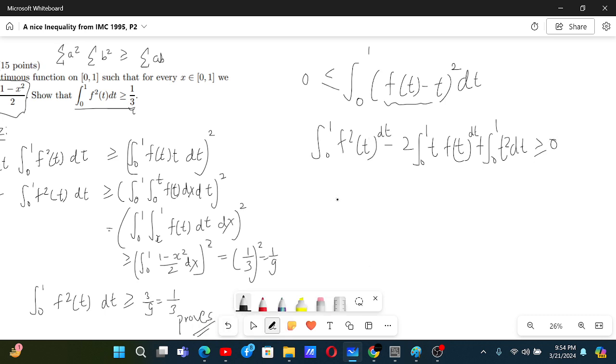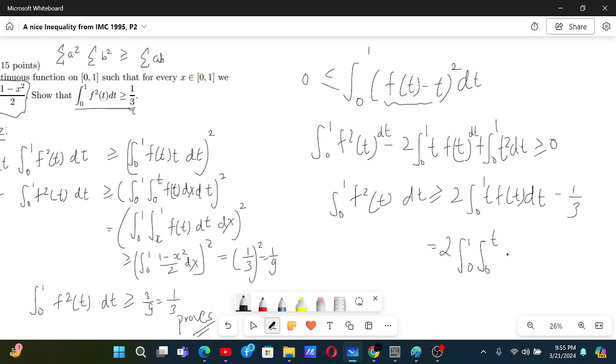That implies the integral from 0 to 1 of f squared dt is greater than or equal to 2 times the integral from 0 to 1 of t f of t dt, minus this, which is just 1 by 3. Now again use the same thing. You can write this as 2 times the integral from 0 to 1 of the integral from 0 to t of f of t dx dt, minus 1 by 3.